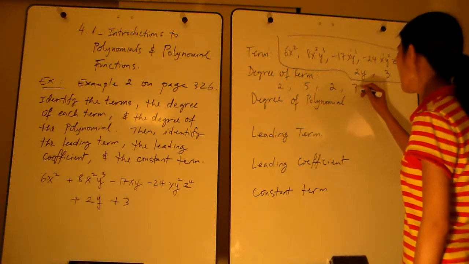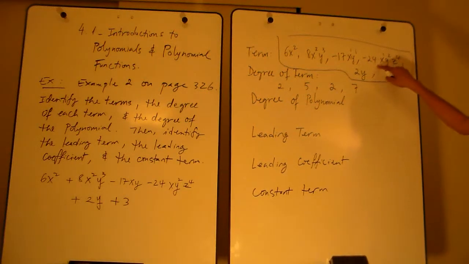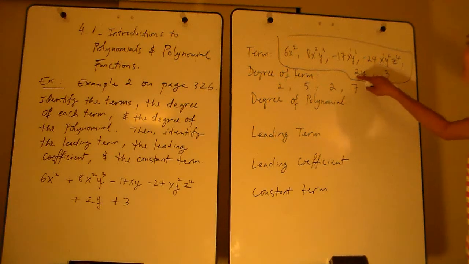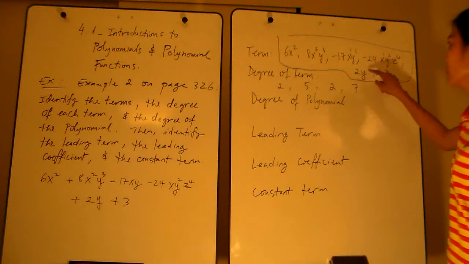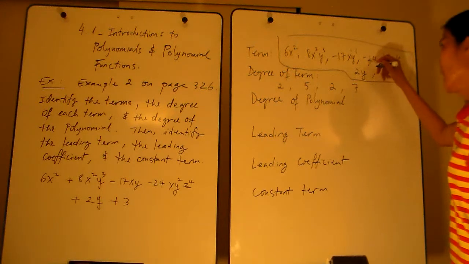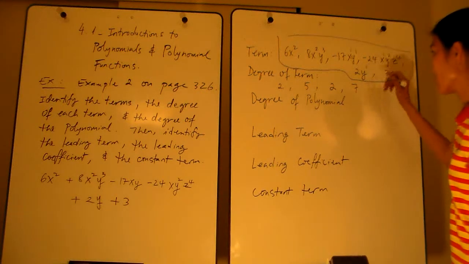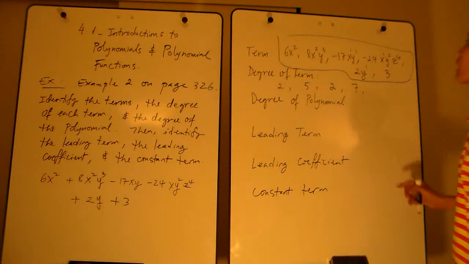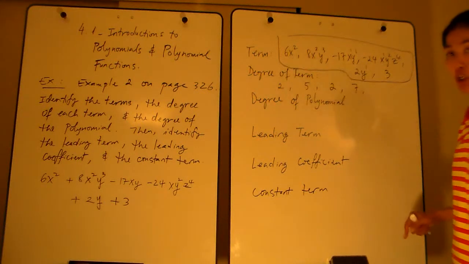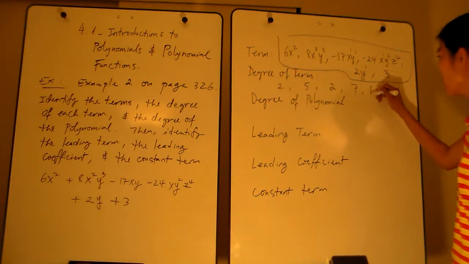So 7 is the degree of this term. How about the term 2y? It only has one variable, and the exponent is 1. So the degree of 2y is 1.